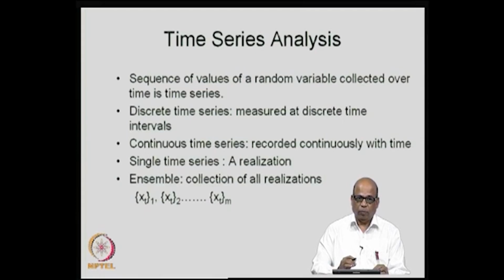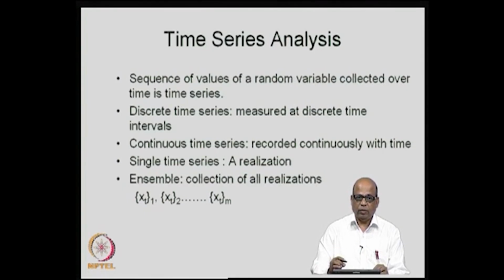Rainfall values observed every day, every 24 hours, for the last 10 years also constitute a time series. So, we are making observations on a given random variable with time. That means the realization of that random variable across time is called a time series.